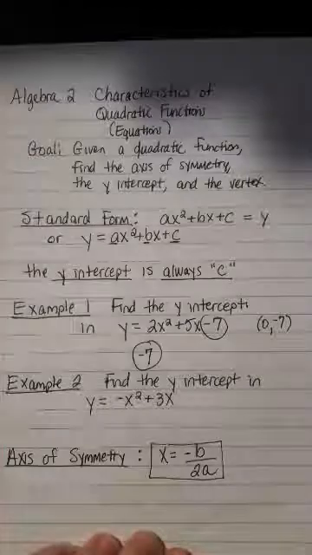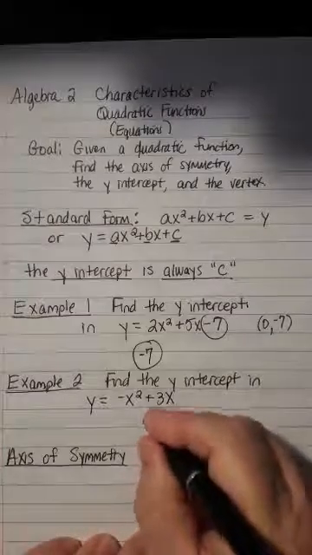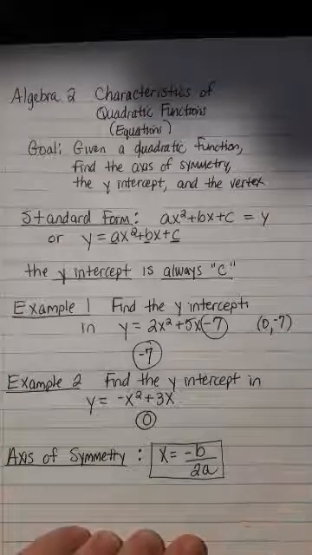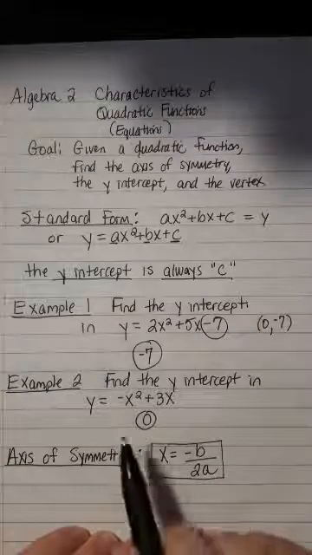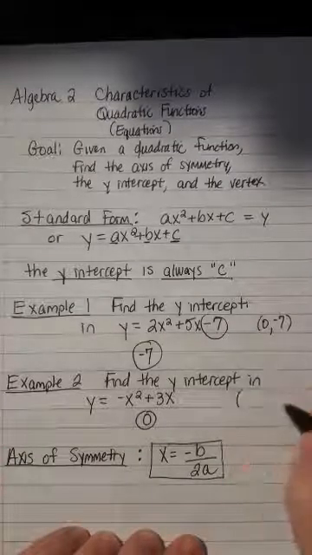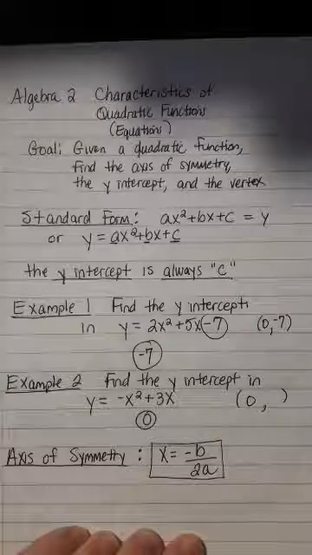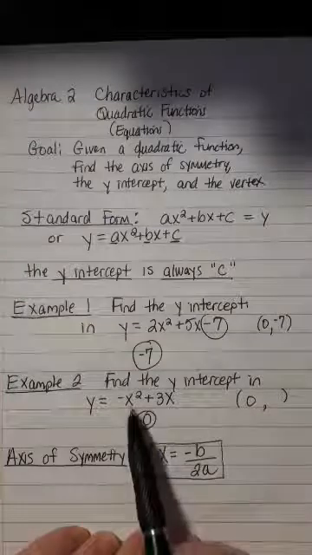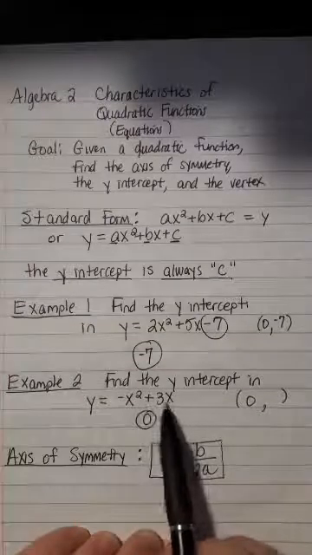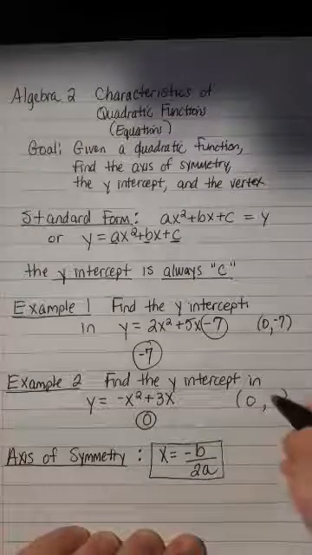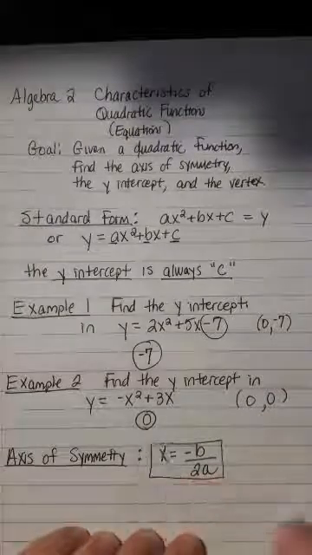And if there is no c, that means your y-intercept is 0. Again, if I were to tell you to find your y-intercept, that means x is always 0 no matter what. And if you plug a 0 into this x, all of that worked out is just going to give you 0. So again, you just put in the number 0.